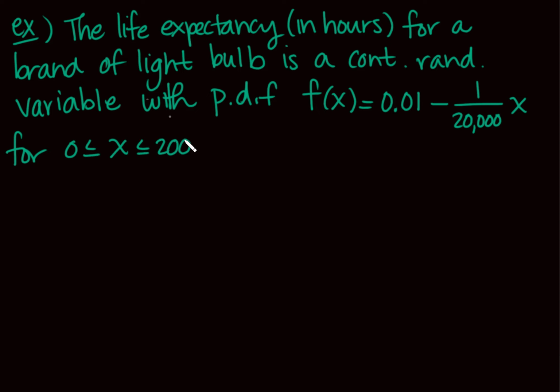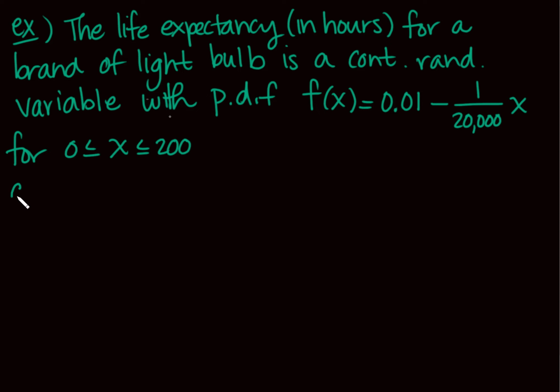Remember, what does x stand for? X stands for the hours, my life expectancy. This is my probability density function. So what is this really saying? The minimum life expectancy is 0, which would be a bummer of a light bulb, and the maximum is 200 hours.